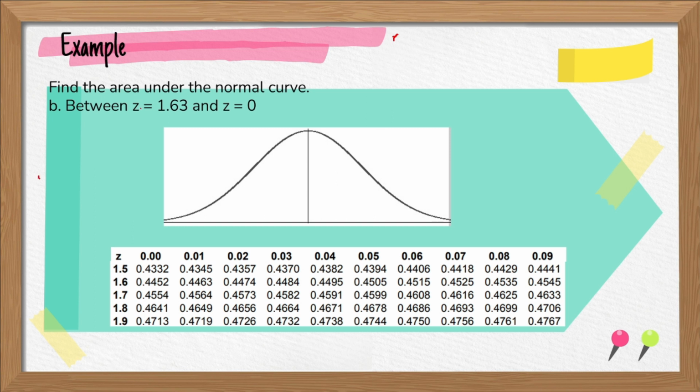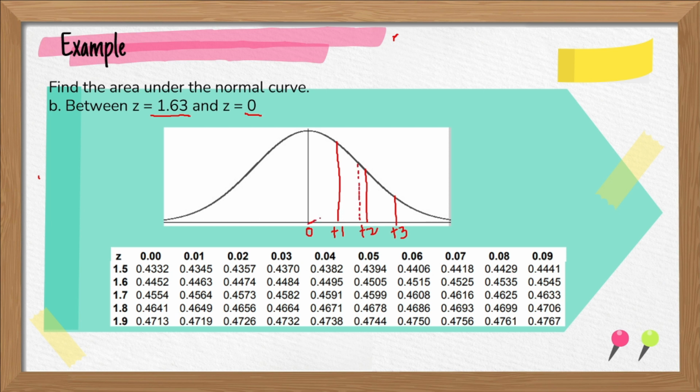Find the area under the normal curve between z is equal to 1.63 and z is equal to 0. So, remember ang 0 ay nasa gitna. So, estimation lang tayo. So, for example, this is positive 1, positive 2, positive 3. So, 1.63, estimate natin nandito siya.